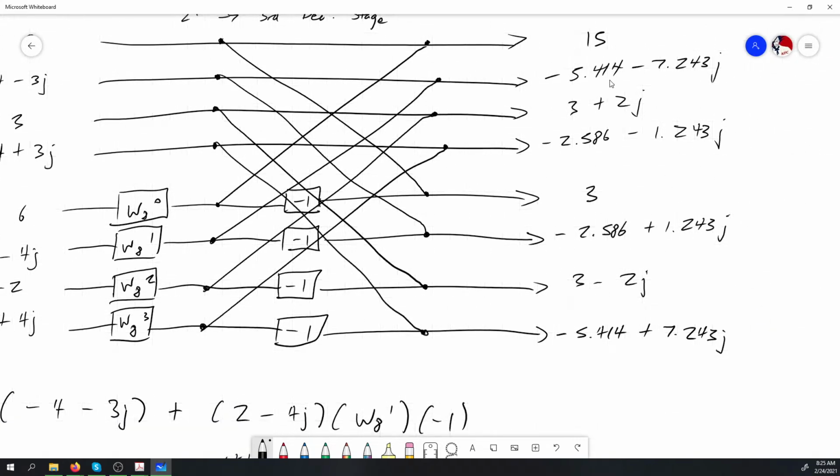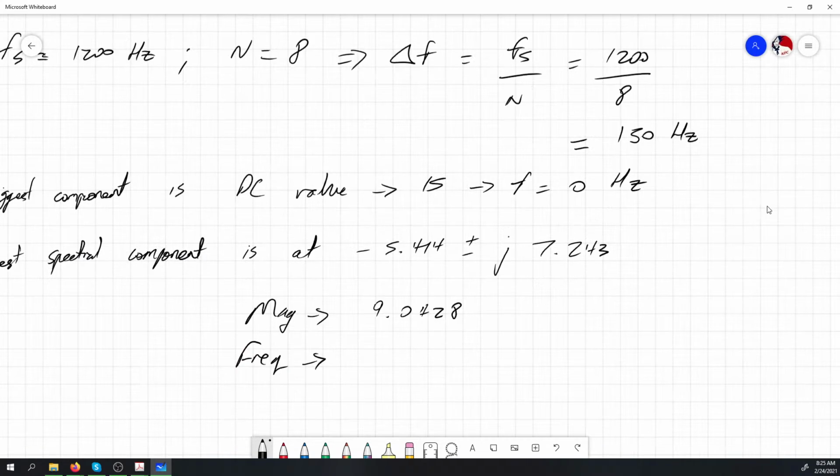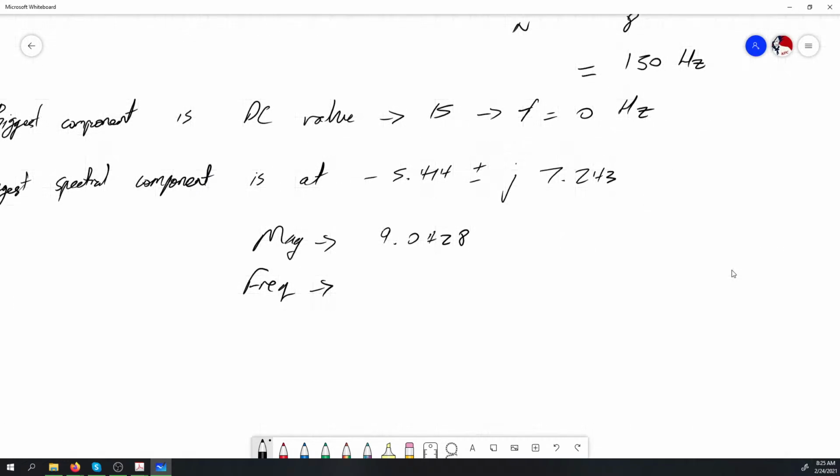So this will be at 1 delta f and 7 delta f. This one is at 150 Hz, and then this one here would be at, I believe, 1050 Hz.